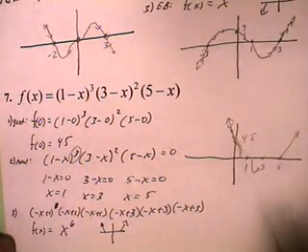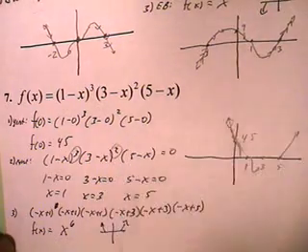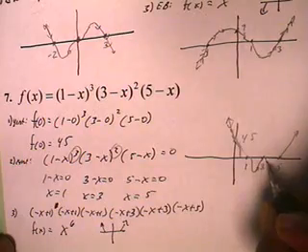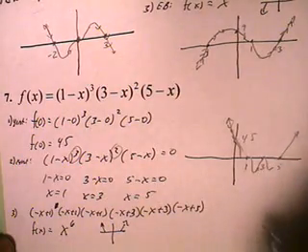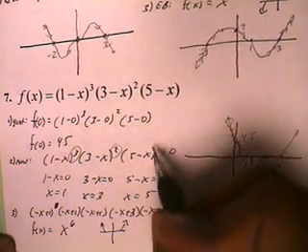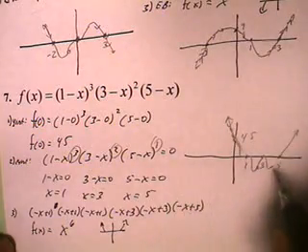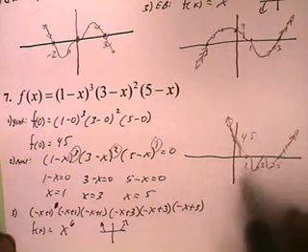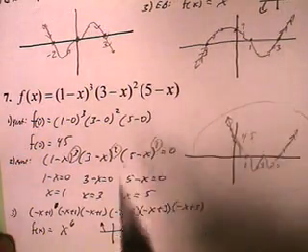Now my 3 has a multiplicity of 2. That means it's going to bounce there. And my 5 has a multiplicity of 1. That means I'm going to go straight through. And this is the sketch of my polynomial.